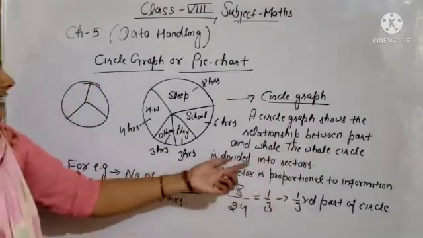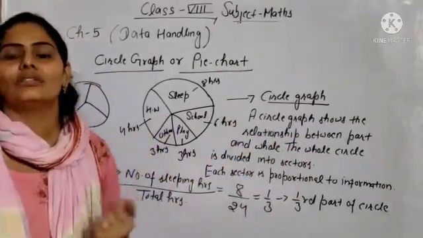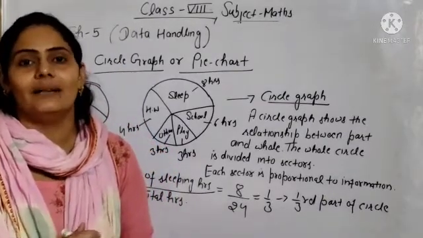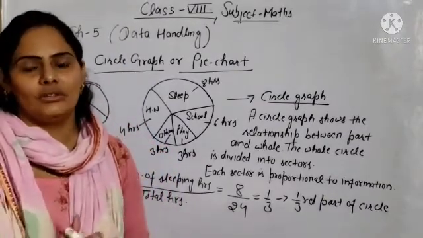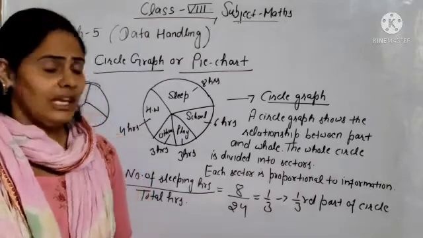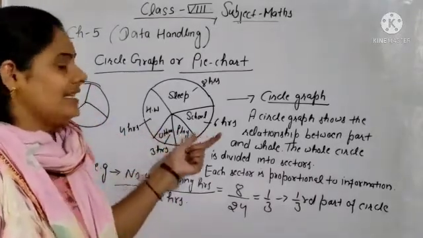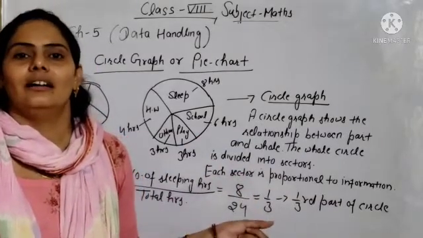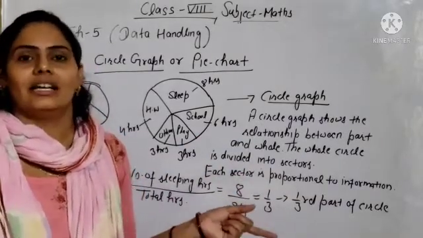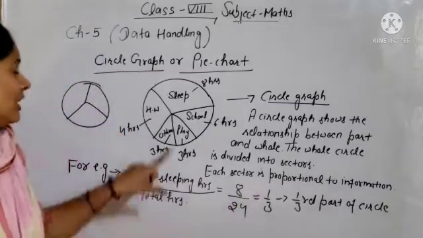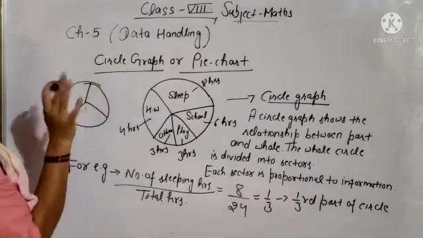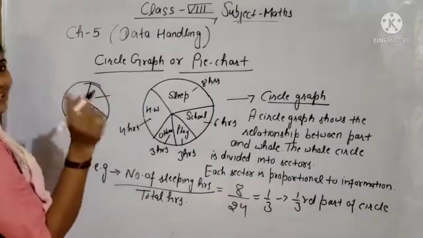Clear? After that, the whole circle is divided into sectors. In basic geometrical ideas, which you studied in your 6th or 7th standard, you learned what a circle is, what a segment is, and what the center of the circle is. When you divide your circle into parts, each part is called a sector.